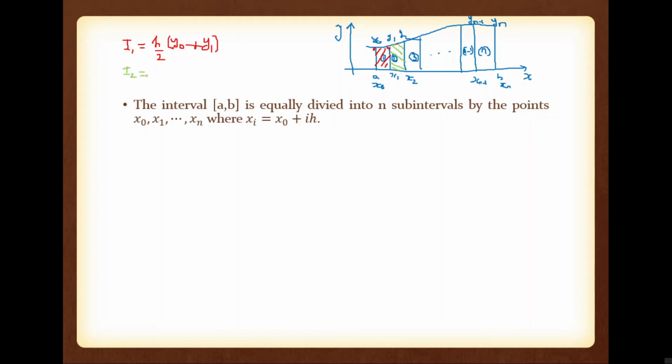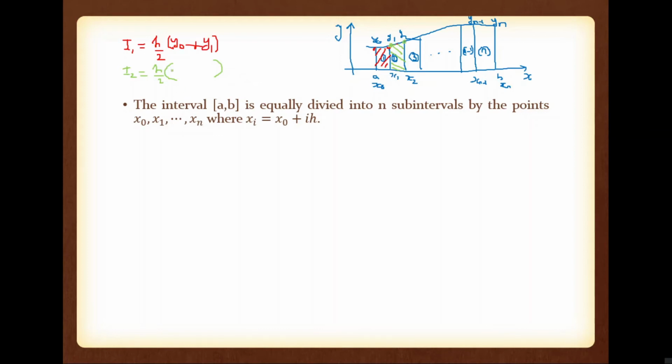Now what is its integration? What is I2 now? Its width is h by 2 into, now what is inside the bracket? The starting value y1 plus the ending value y2.